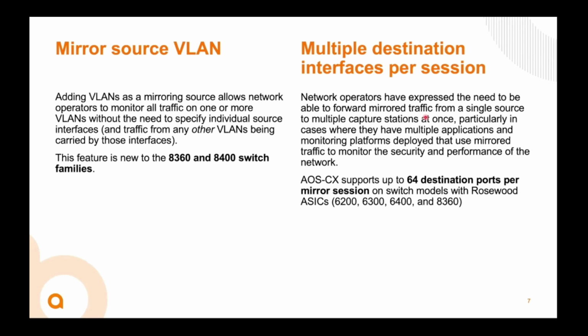And using mirror sessions to do that was not flexible enough. So now we support up to 64 destination ports for each mirror session on the switch models listed: the 6200, 6300, 6400, and the 8360. These are all switch models that use our Rosewood ASIC, because this is an ASIC dependent feature.